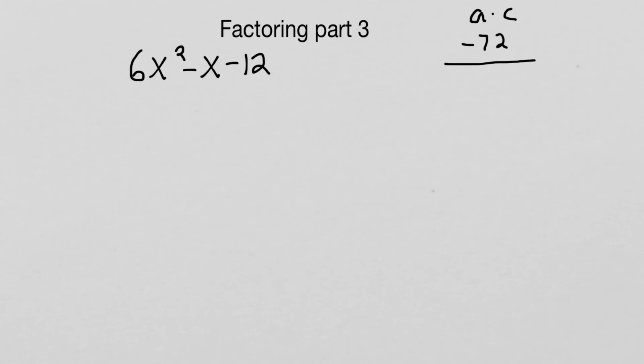All right. Put together the list of all the things that multiply together to give me -72. First one's relatively easy.